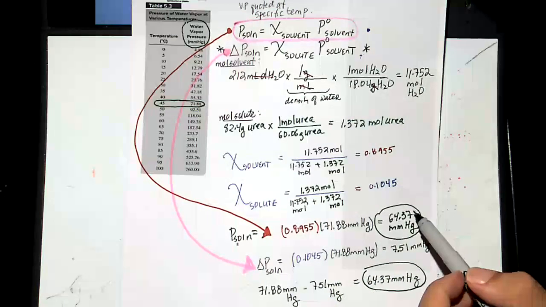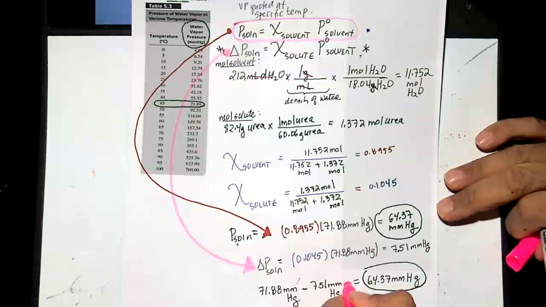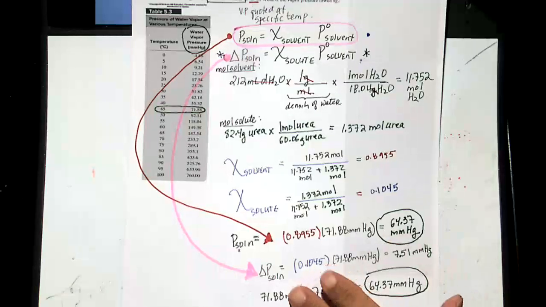So depending on which equation you use, you'll get the vapor pressure of the solution straight up, or the change, by how much it goes down by. Because remember, the colligative property is that vapor pressure goes down.